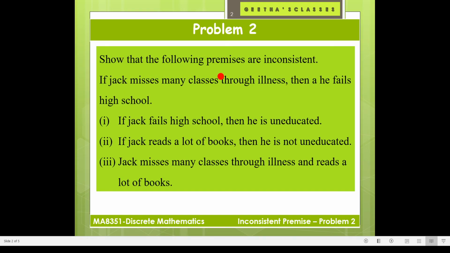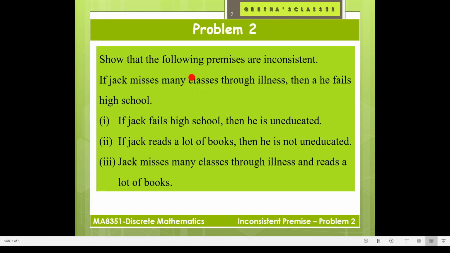Show that the following premises are inconsistent. The first premise: if Jack misses many classes through illness, then he fails high school. You can assume each entire statement in a shortcut form.